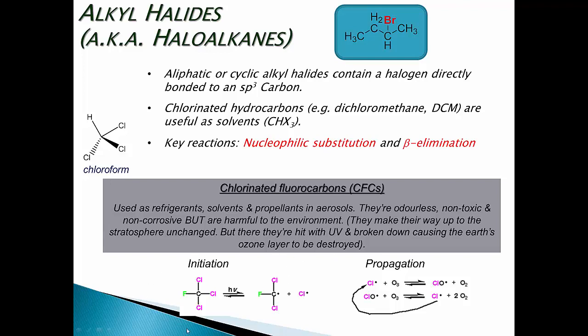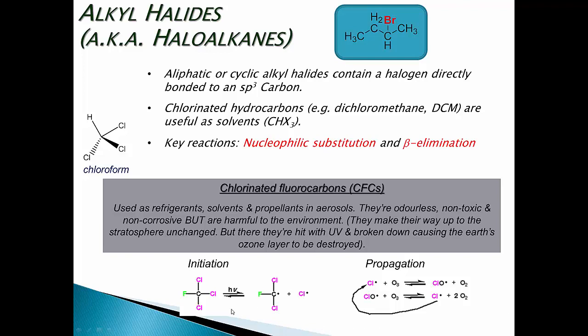One example of haloalkanes is CFCs, chlorinated fluorocarbons. They are mostly phased out now, but used to be used as refrigerants, solvents and propellants in aerosols. They're odorless, non-toxic and non-corrosive, and they're pretty safe. But when they travel into the environment, they make their way up into the stratosphere unchanged, and then they're hit by UV light and broken down into free radicals, which then go on and destroy the ozone layer.